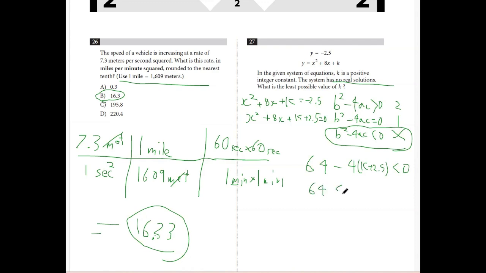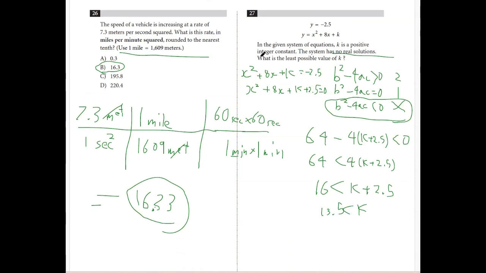So it becomes 16 is less than k plus 2.5. So k is greater than 13.5. So we're looking for a positive integer constant. So 14 satisfies this. So 14 is the correct answer.